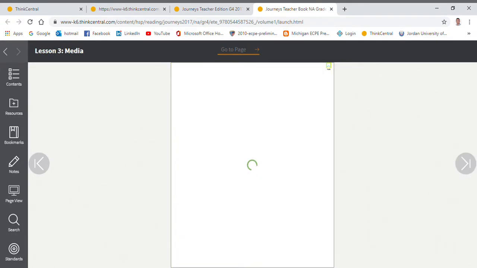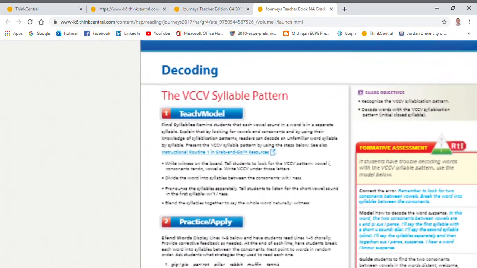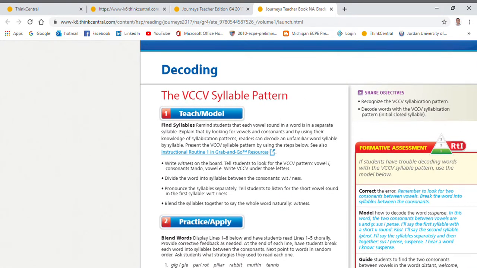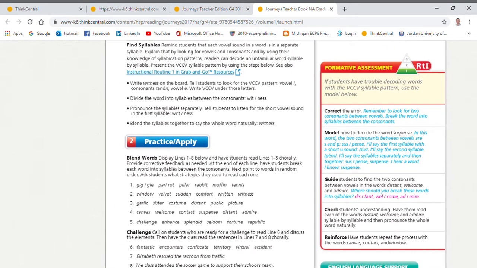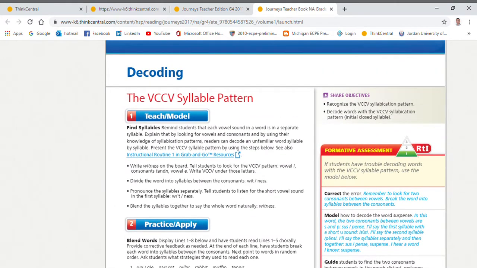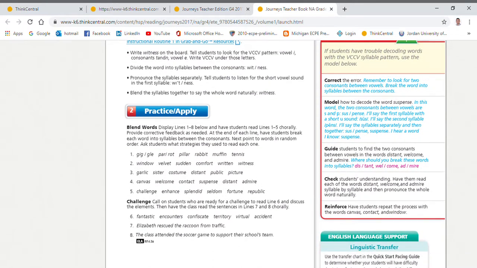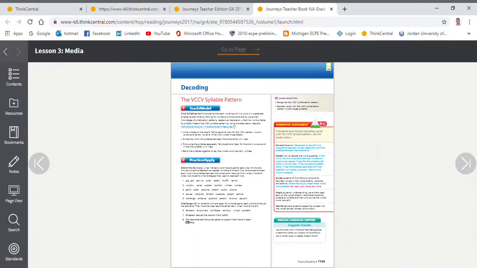And decoding, guys, we're going to talk about the VCCV syllable pattern, that whenever I'm having double consonants between vowels, which like the two consonants are preceded and followed by a vowel, I'm going to divide these two consonants apart. Okay.